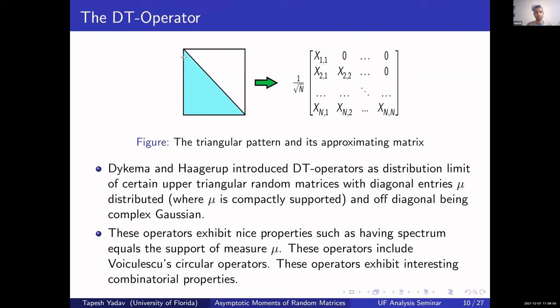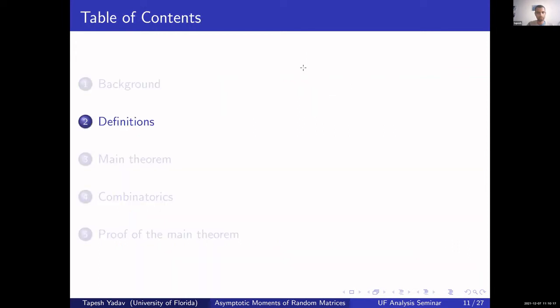We later found out that, given the boundary of that shape behaves nicely, meaning the measure of the boundary is, say, 0, then we can make sense of a matrix which looks like the given pattern and call it an approximating matrix. And its moments do exist. With this, now let's go to the definitions we need to state the main theorem that we have.